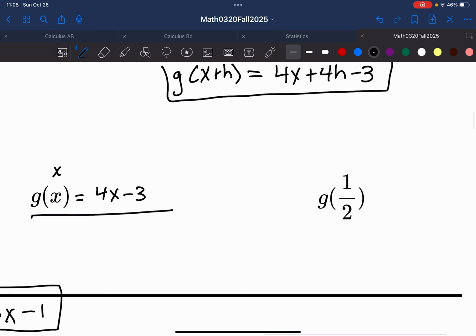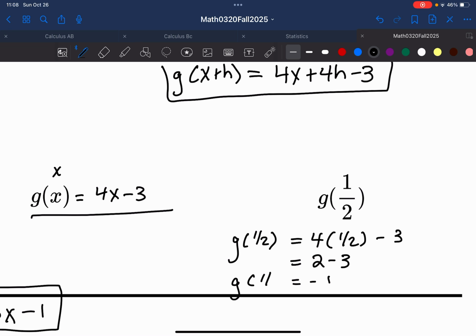And then over here, I'm plugging in 1/2, so g of 1/2 is equal to 4 times 1/2 minus 3. 4 times 1/2 is 2. 2 minus 3 is equal to negative 1. So g of 1/2 is equal to negative 1, or I would write this as the point 1/2, negative 1. And that would be my answer.